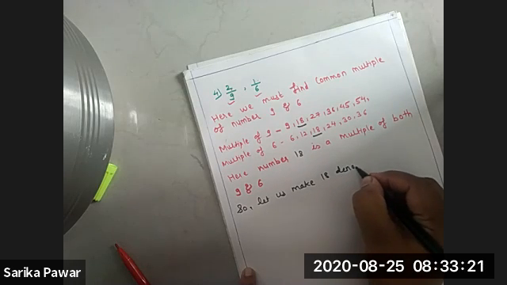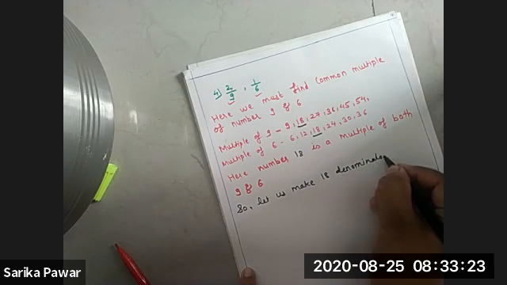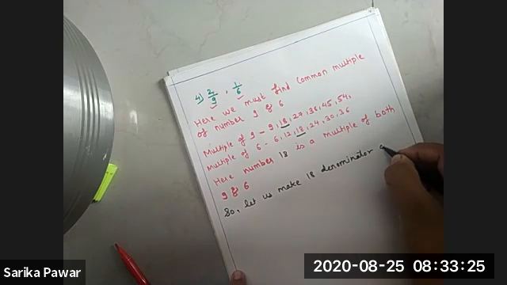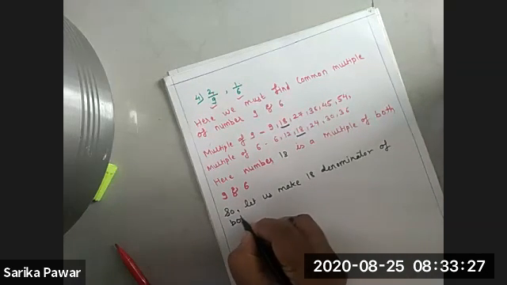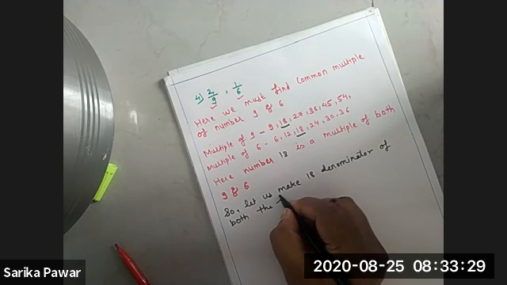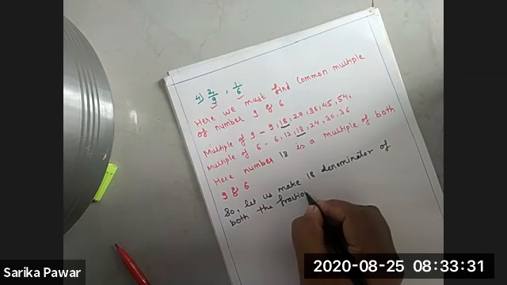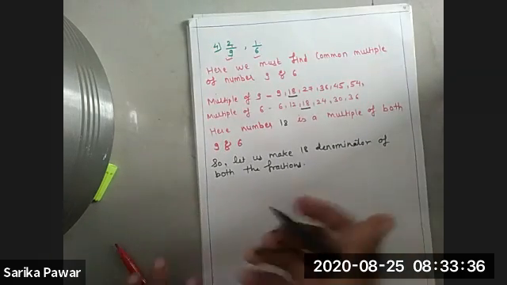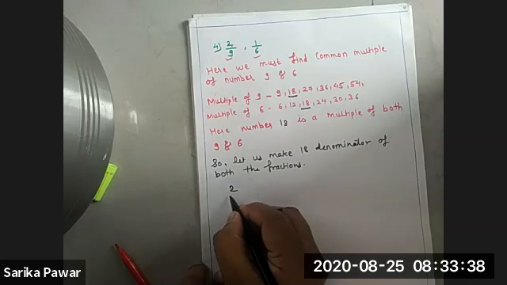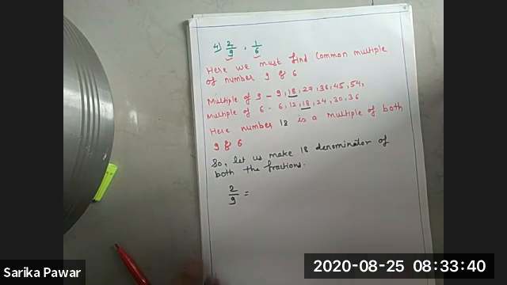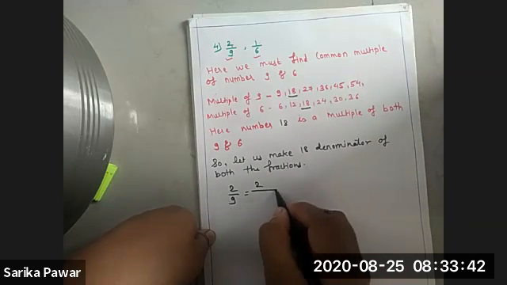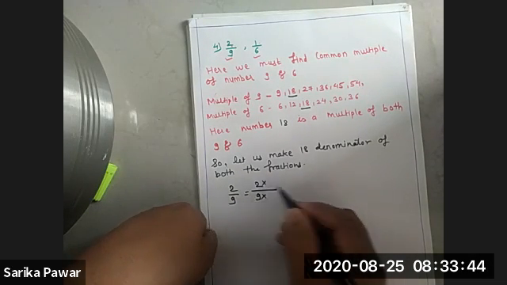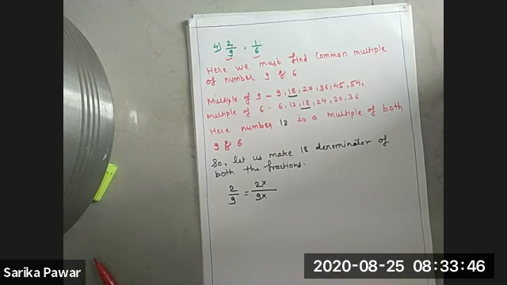See now, 2 upon 9. By which number now we have to multiply?